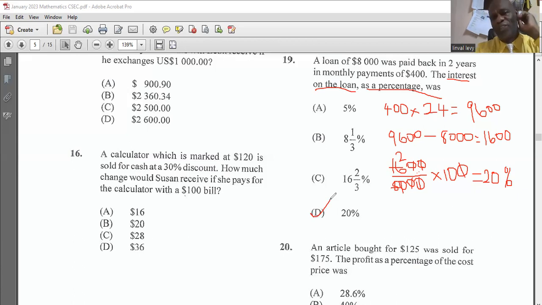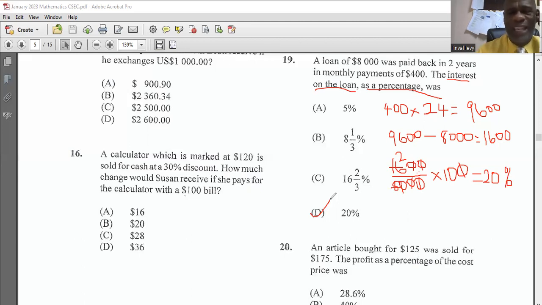So look at that again. When you're reading the question, you have to note what the question is asking for. They're asking us for the interest on the loan as a percent. Now the loan is not the $9,600.